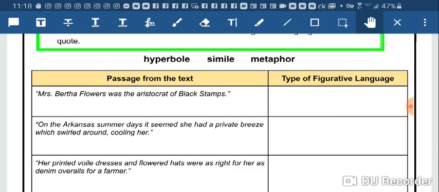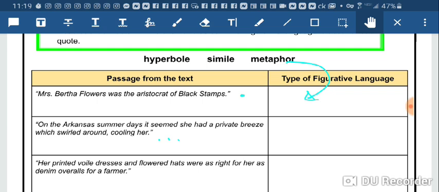Miss Bertha Flowers was the aristocrat of black stamps. Okay, so we said that was a comparison. I don't see like or as here, so I'm going to say that this one is metaphor, because it's comparison without the use of like or as. This one talked about how the weather always followed her where she went.